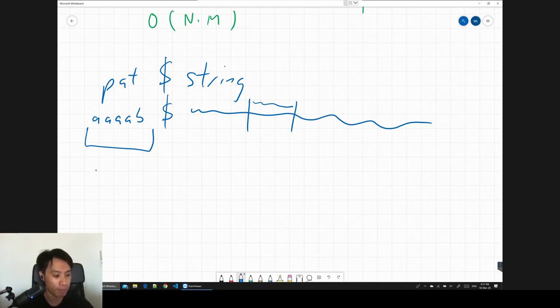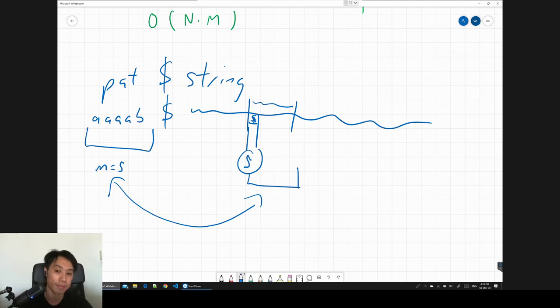If the length of my pattern m is equal to 5, and I am able to know the number here is 5, or that the 5 characters here are the same, it means both strings are the same.